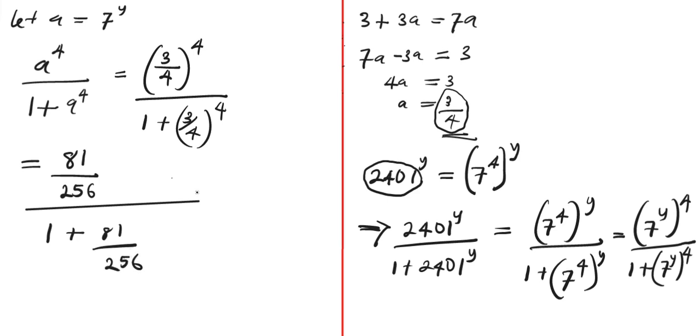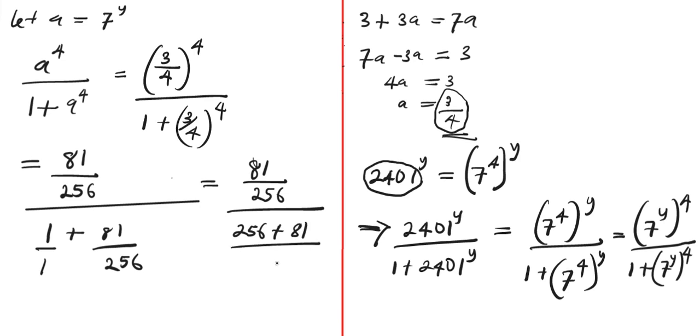This is over 1, so we have 81 over 256 divided by 256 plus 81 all divided by 256.